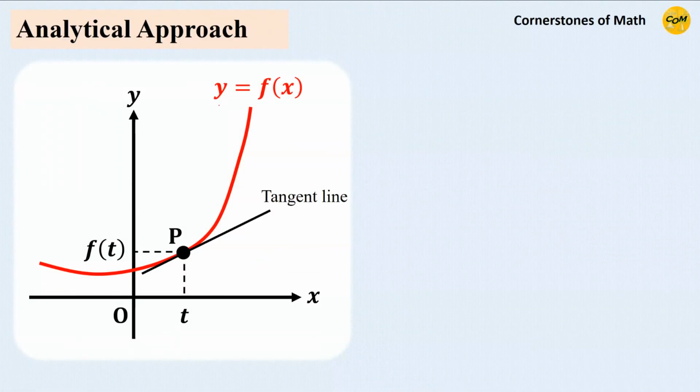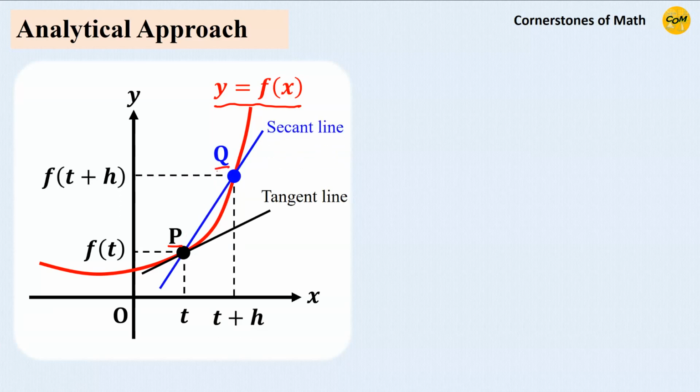Consider this curve y = f(x). We want to find the tangent line at the point P, which is (t, f(t)) on the curve. If you have watched this video up to this point, you are probably familiar with the concept of derivatives. First, we consider a nearby point Q on the curve with its x-coordinate t + h.